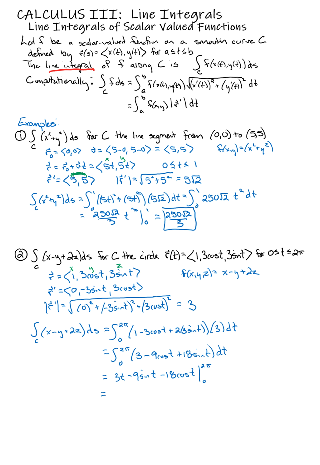Let's do that evaluation. We get 6 pi minus 0 minus 18, and then 0 minus 0, oh, plus 18. Those 18s go away, so we just get 6 pi. Well, there you go. Not too bad. Enjoy.